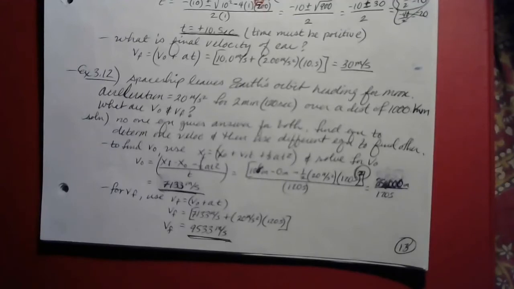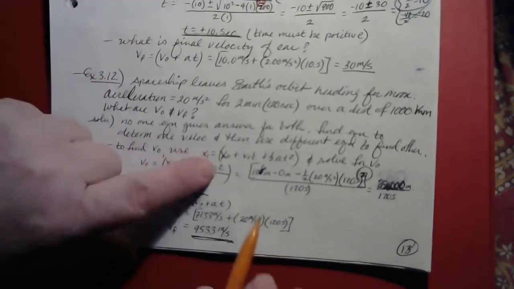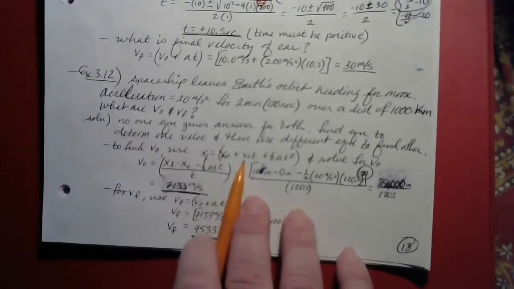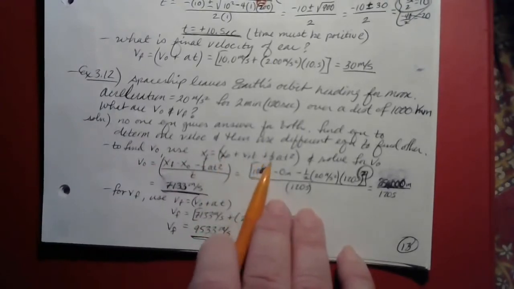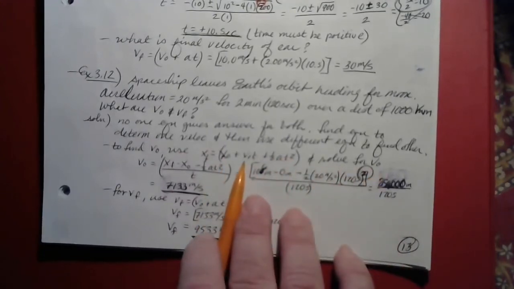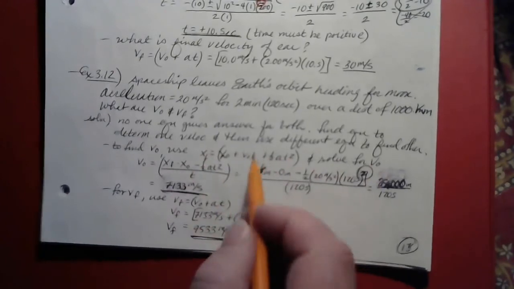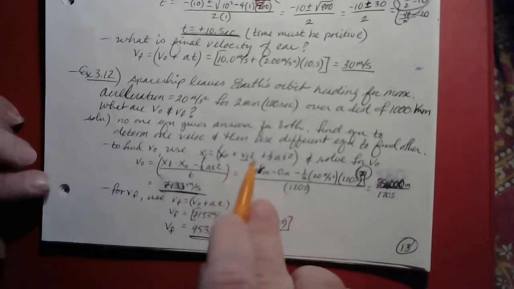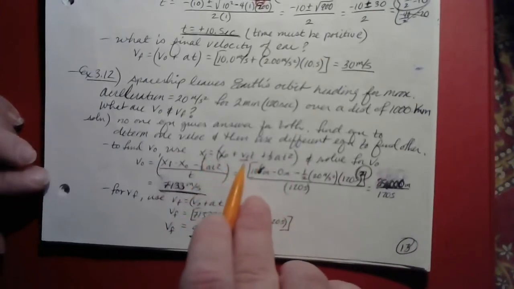So what we can do first is use the equation that we used up above, and that is final position equals original position plus the original velocity times time plus 1/2 at squared. And the only thing there we don't know, in fact, is v original.